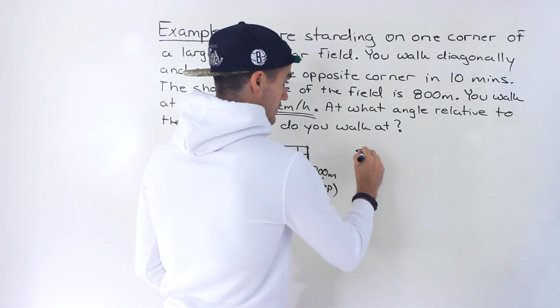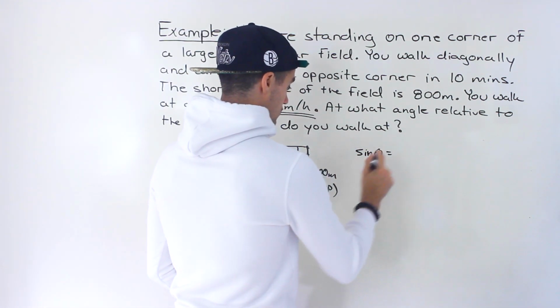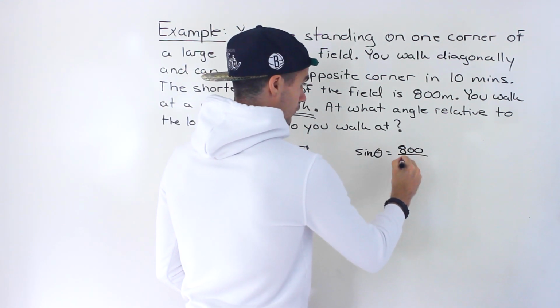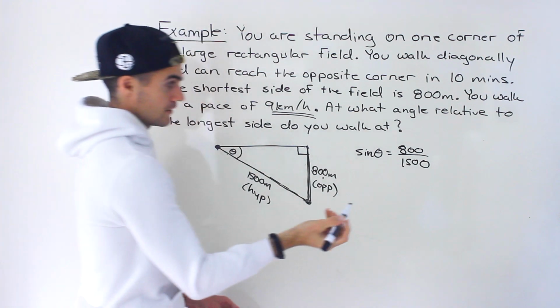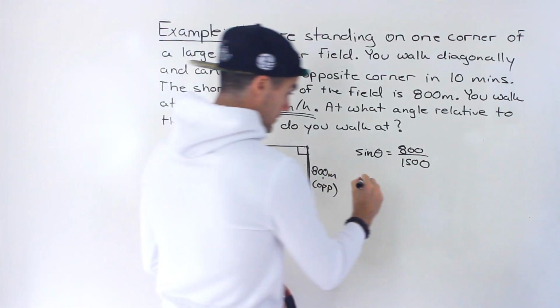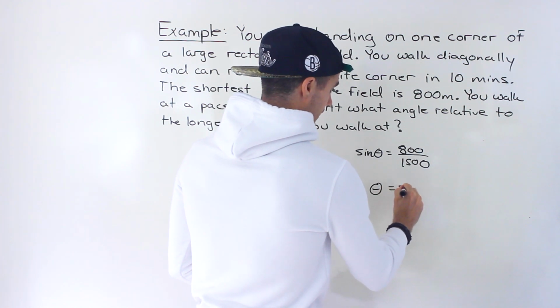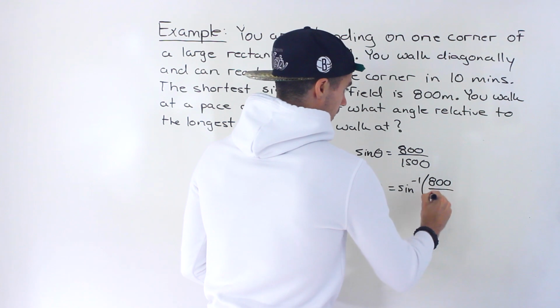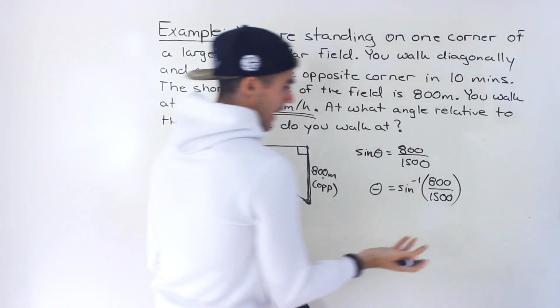So we could say sine theta is equal to opposite over hypotenuse, so 800 over 1,500, like that. And we're solving for the angle, so what we do is we inverse this ratio in order to get that theta.